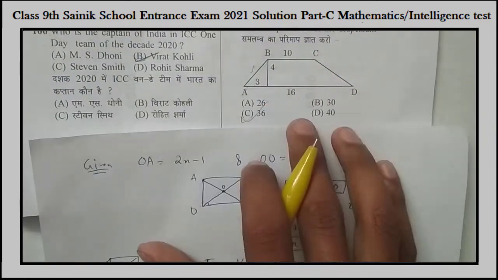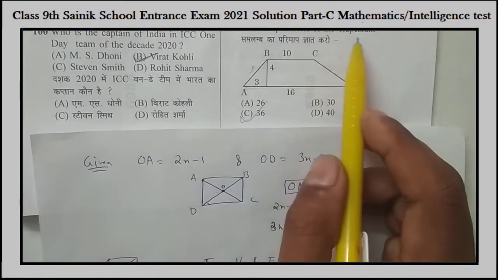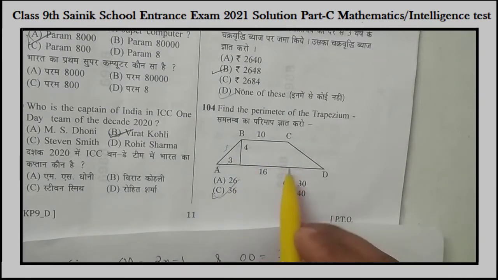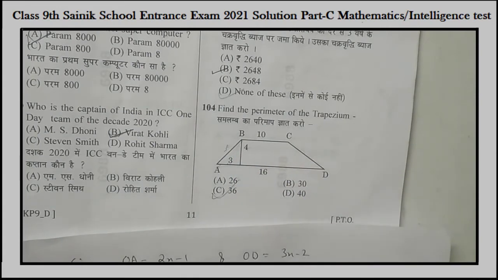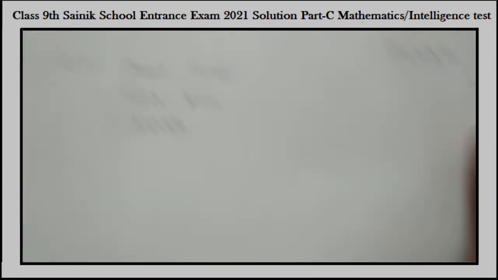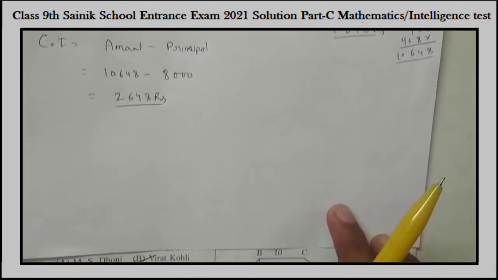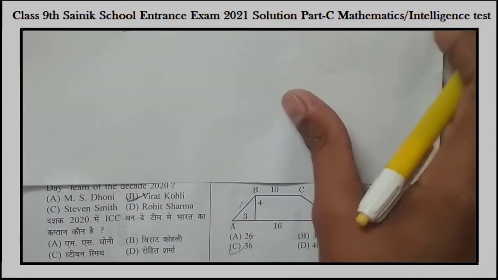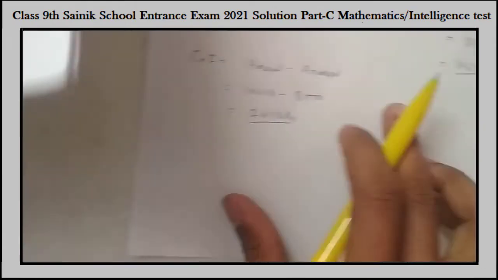Okay, next question. Find the perimeter of a trapezium. The figure is given. Okay, so how can we find it? We must draw the figure here.